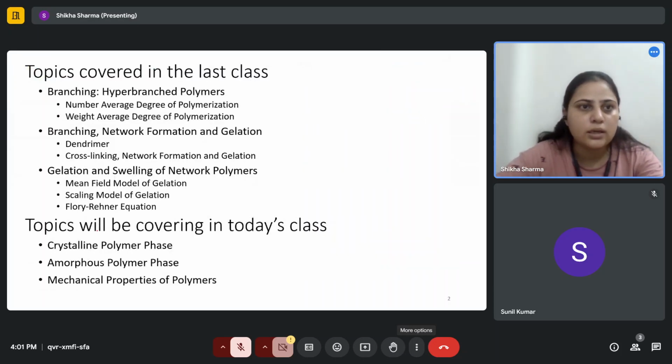So in the previous class, we have already covered branching, the hyperbranched polymers, the number average degree of polymerization, the weight average degree of polymerization, branching and how the network forms and how the dendrimers form, and because of the cross linking how the network forms and how the gelation happens.